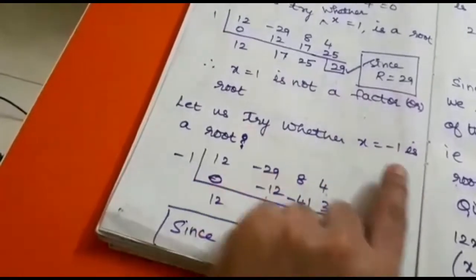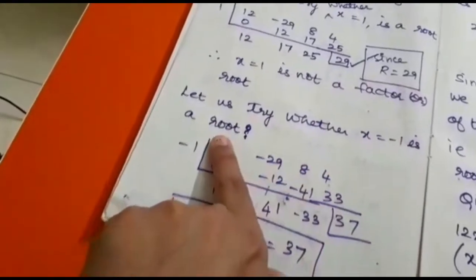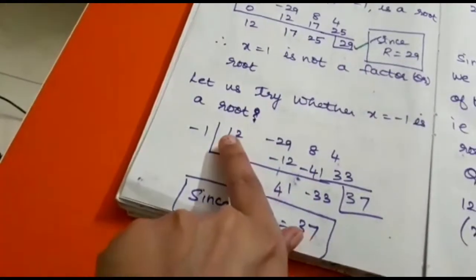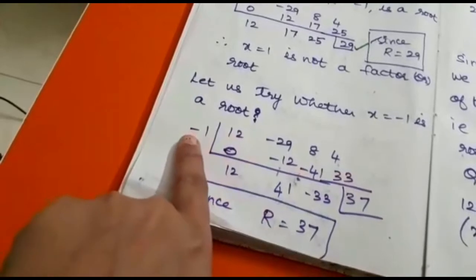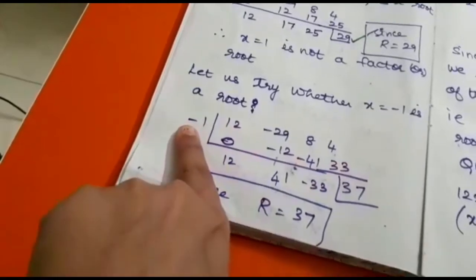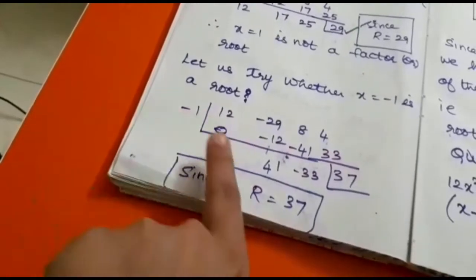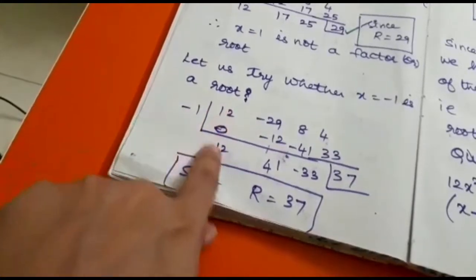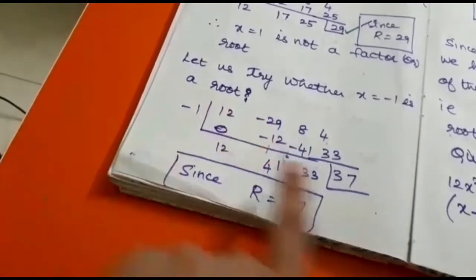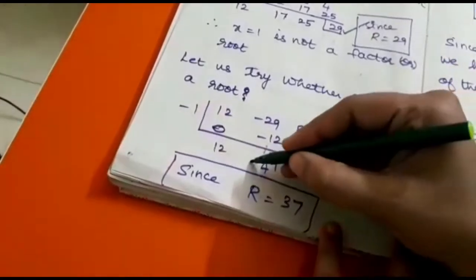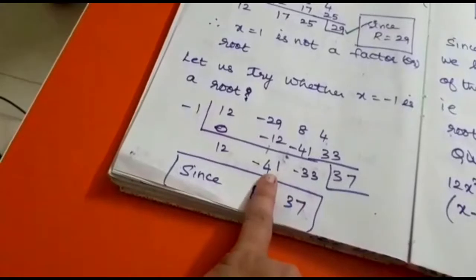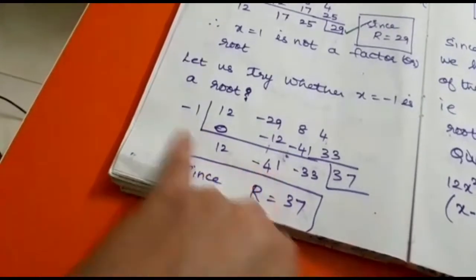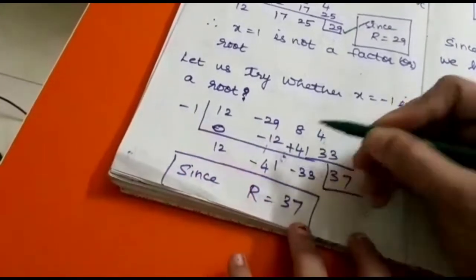Let us try whether x is equal to minus 1 is a root or not. Same way, the coefficients I am writing here, and I am going to divide by minus 1 using the synthetic division. 0, 12 plus 0, 12. Here minus 12. This is minus 41. Minus 41 into minus 1 is plus 41.